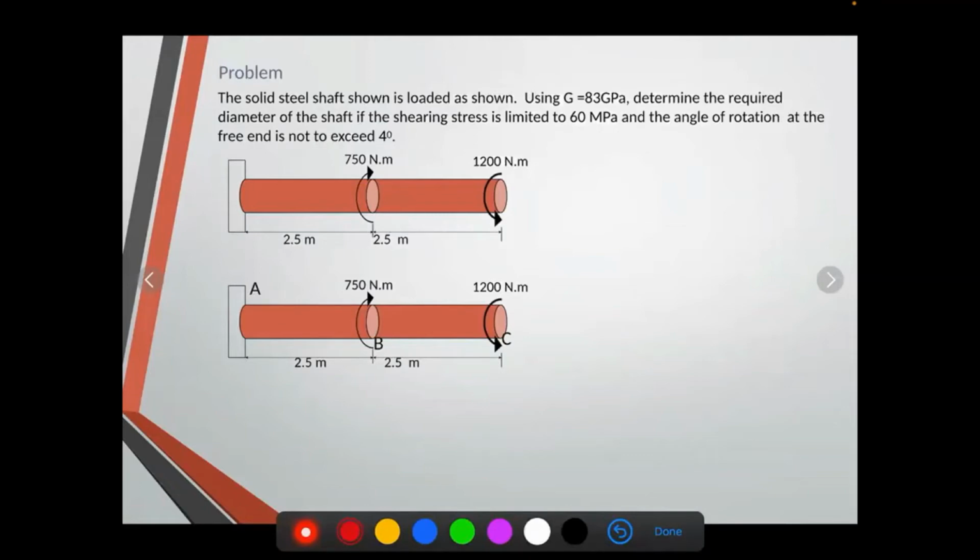So you are asked for the required diameter, but we need to consider two things. Una, what would be the diameter considering the shearing stress, which is 60 megapascal, and then what would be the diameter considering the angle of rotation or the angle of twist, which is equal to 4 degrees.